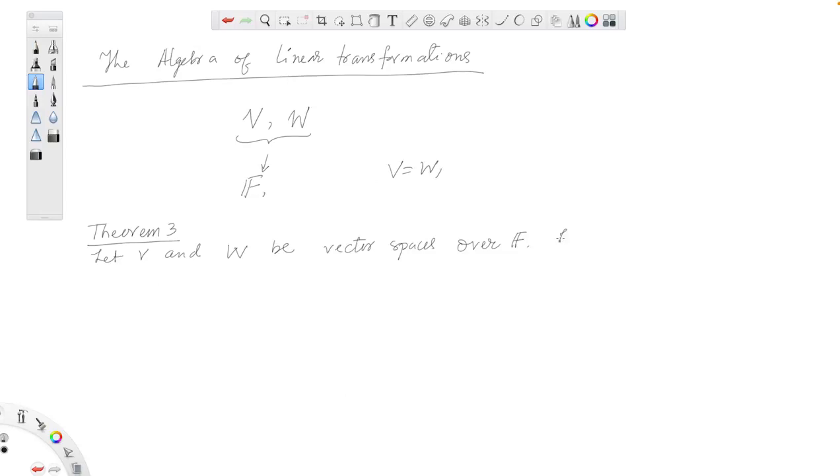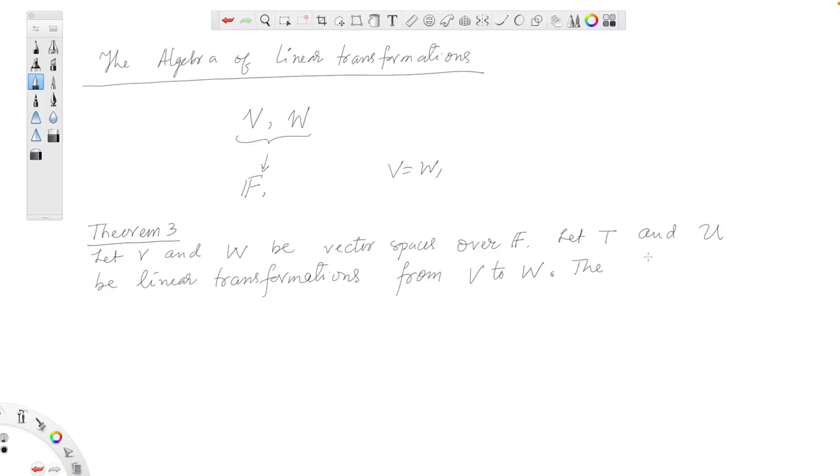Okay, let T and U be linear transformations from V to W.